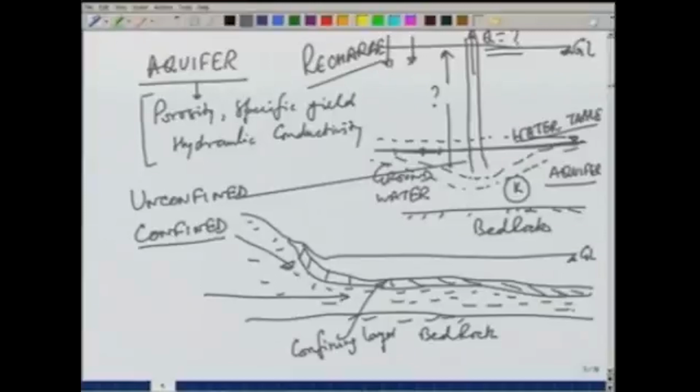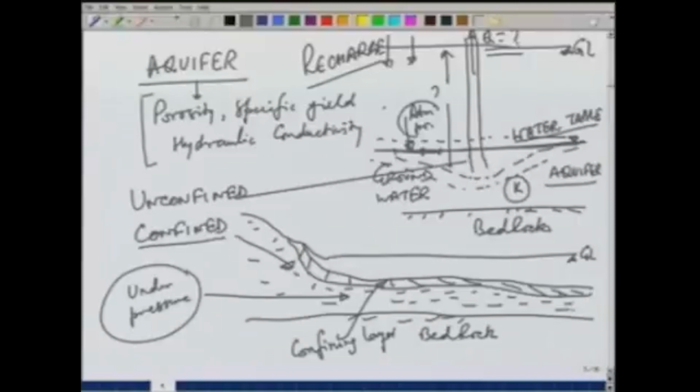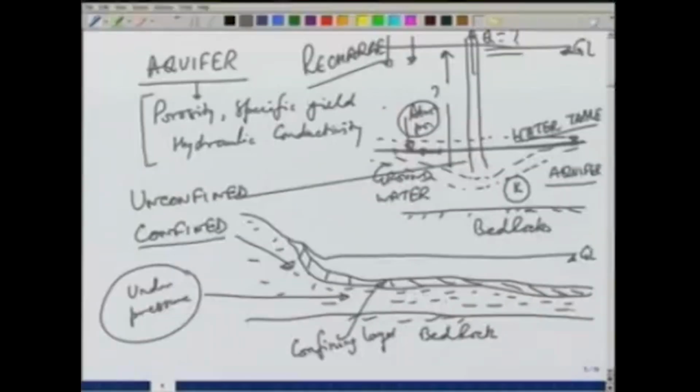So, this water is under pressure compared to this, which was open to atmosphere, or not confined from the top, where the pressure will be atmospheric. So, in an unconfined aquifer, on the top the water level will be subjected to 0 pressure, atmospheric pressure. In confined, the flow will occur under pressure, and depending on the pressure difference, the water will move from one location to the other.